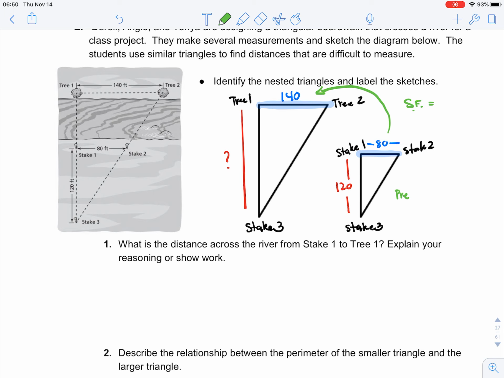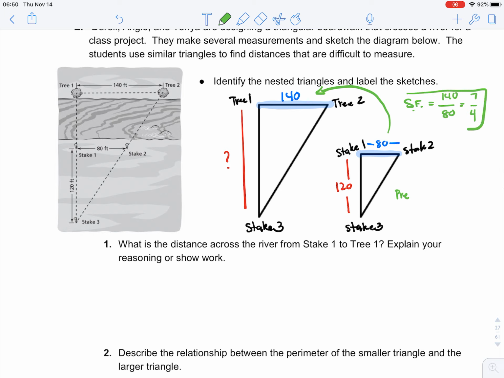So our scale factor is going to be image over pre-image, 140 over 80. If we reduce all those by 20, we get 7 over 4. Divide that by 20, that's 70, or 7. Divide that by 20, we get 4.